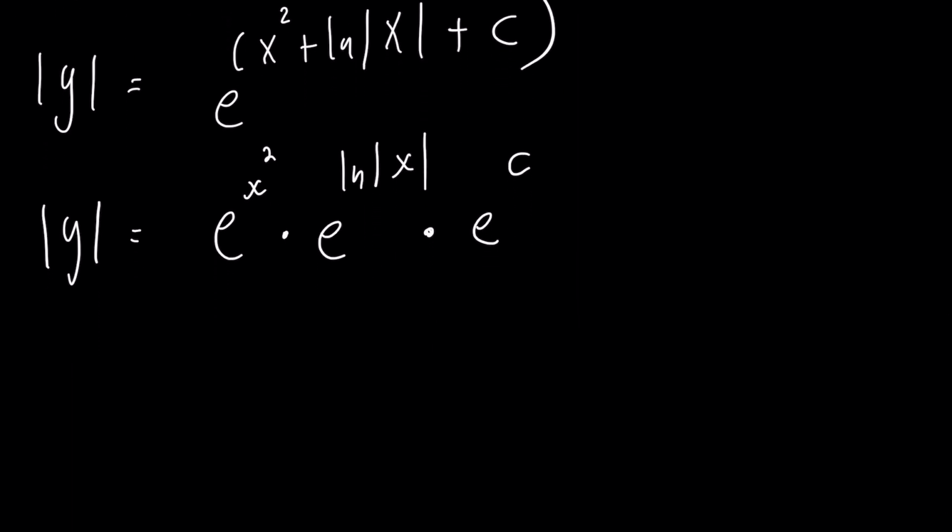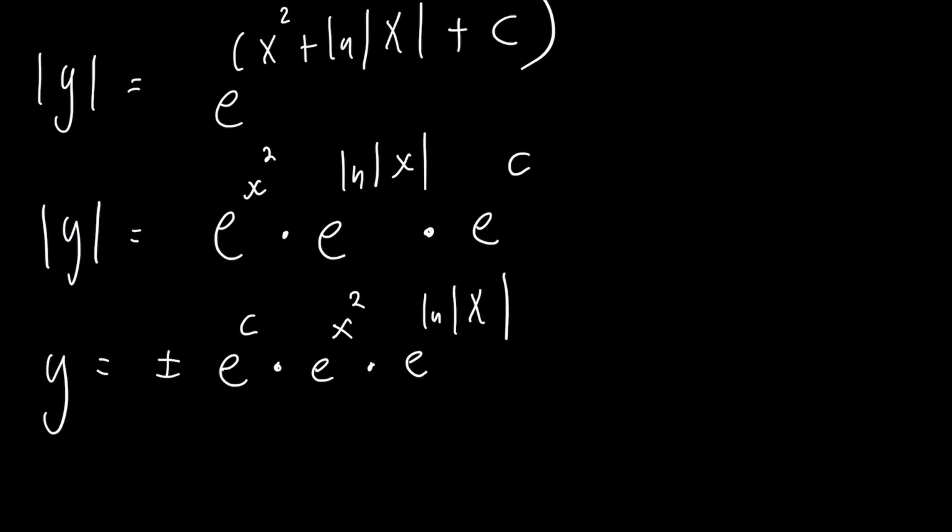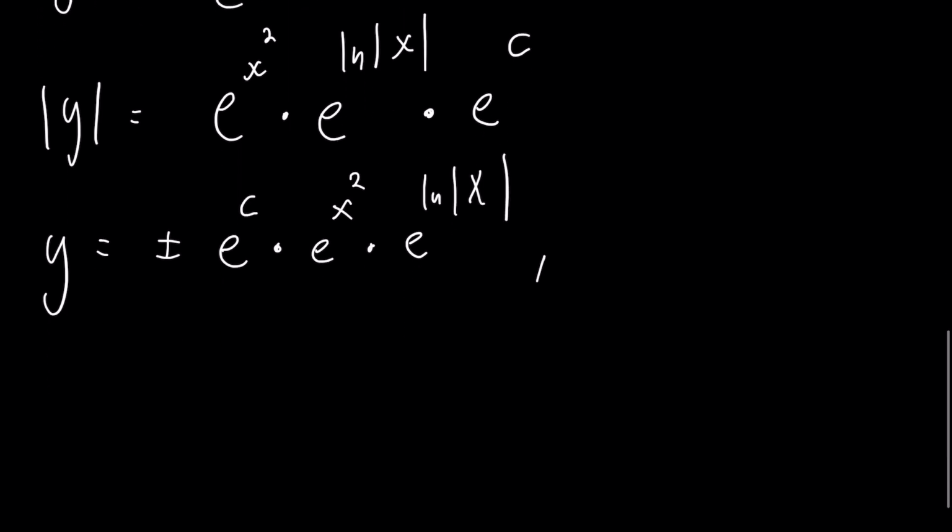And to solve for y, we have to add a plus or minus. So y is plus or minus e to the c times e raised to the x squared power times e raised to the natural log of the absolute value of x. And we could let plus or minus e to the c equal c, some constant.